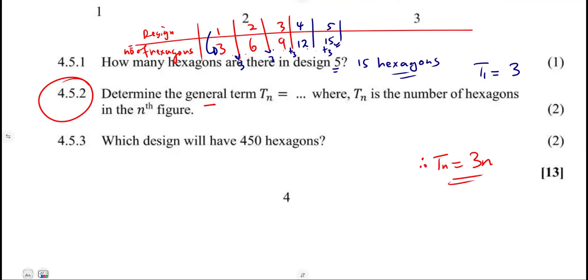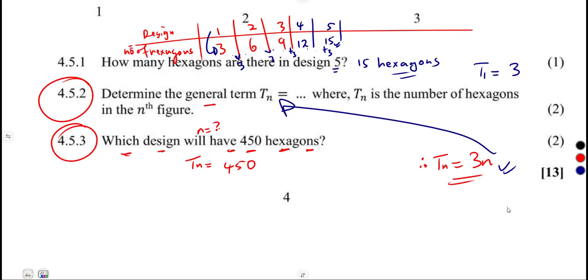If you're given this, which design will have 450 hexagons? You're talking about n. What will be the value of n if our Tn is 450? So you simply work out from the Tn that you have from 4.5.2. Remember, our Tn is 3n. So it must be equal to 450 so that you can have the value of n.